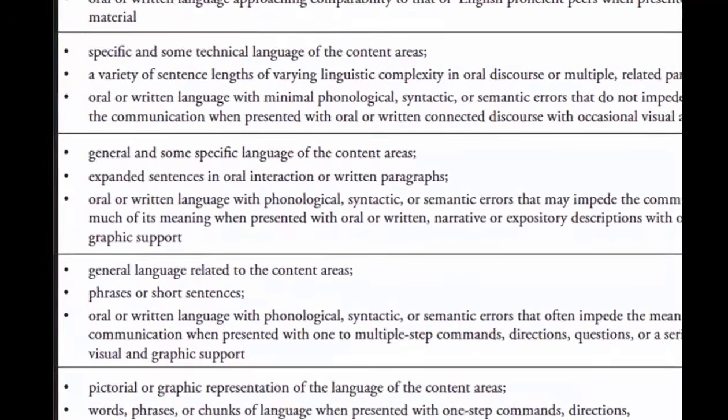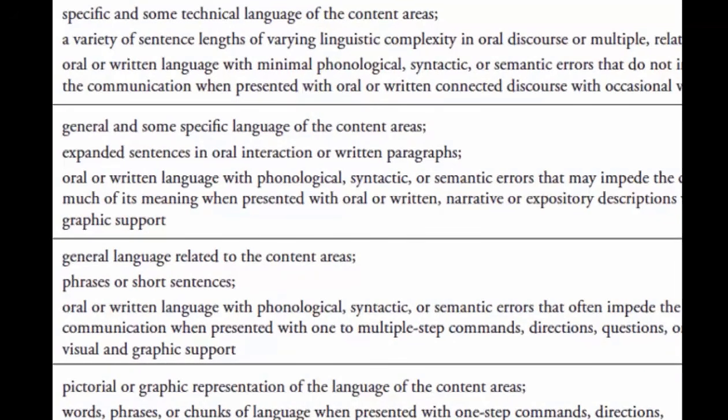For example, a Level 1 student might be able to understand pictorial or graphic representation of the language of the content areas. They might be able to communicate in words, phrases, or chunks of language when presented with one-step commands. A Level 3 student will understand general and some specific language of the content areas.